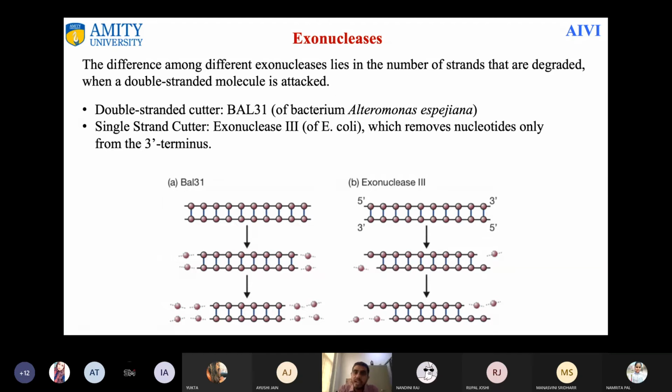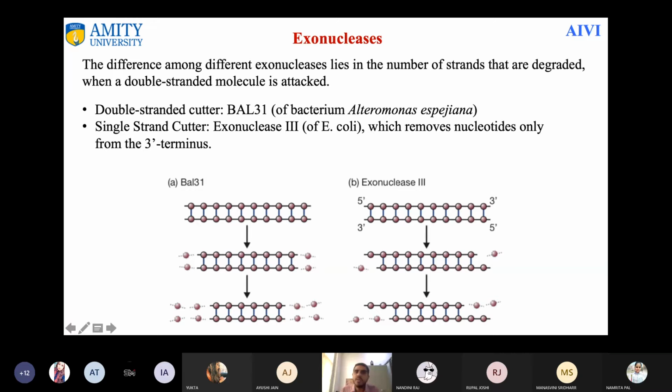So which end can they cut? A nuclease may cut at both the 5' and the 3' ends, or a nuclease may cut only at the 5' terminus or only at the 3' terminus. On this basis, we further classify them by which end they are going to cut.